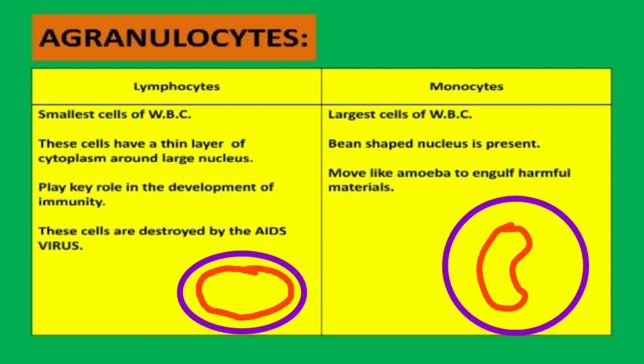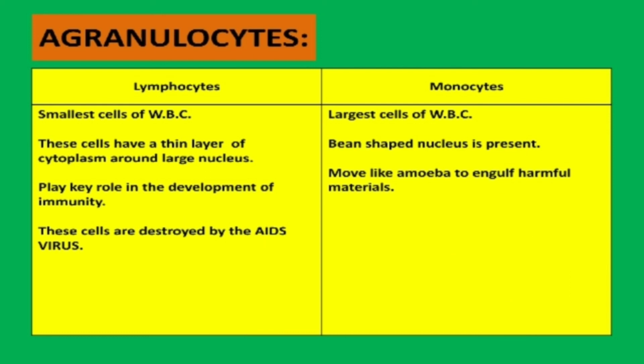In the monocytes, the nucleus is bean shaped. Lymphocytes play a key role in the development of immunity by producing antibodies, and lymphocytes are damaged in HIV disease, caused by the AIDS virus.